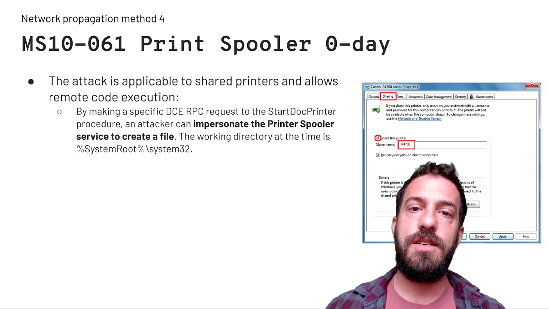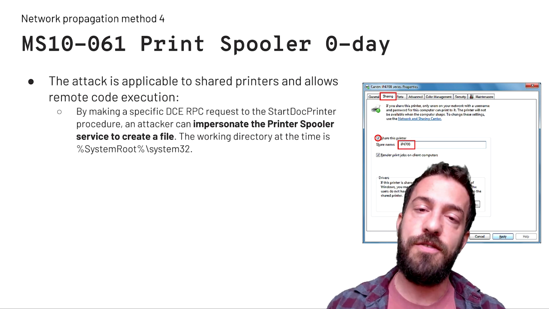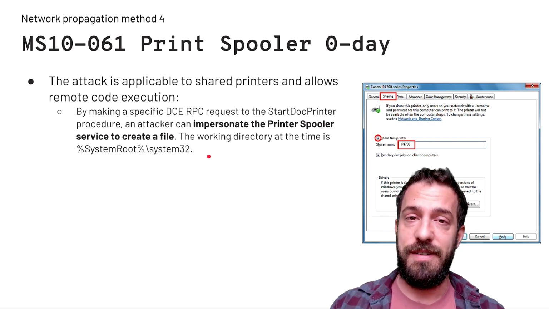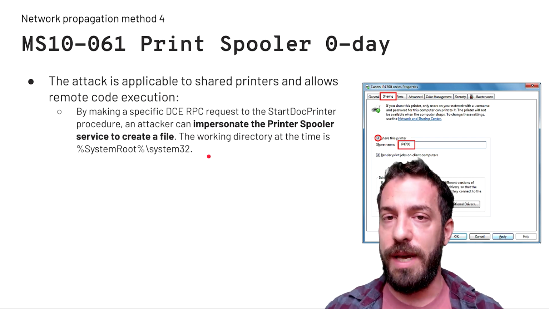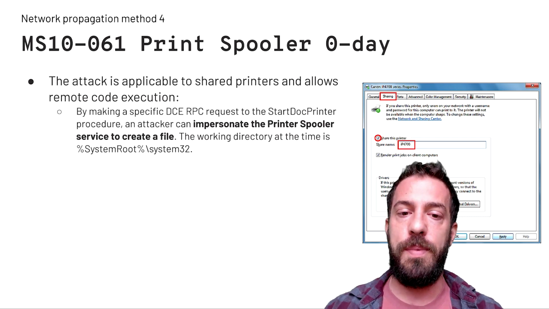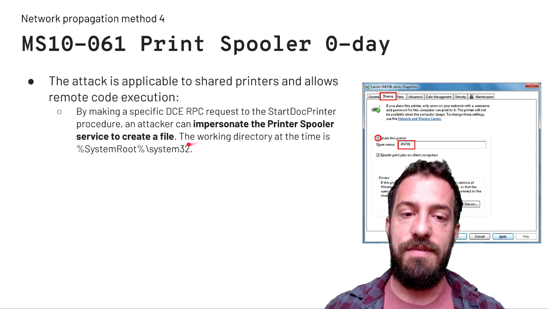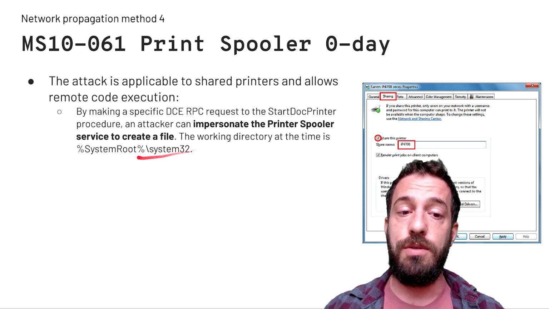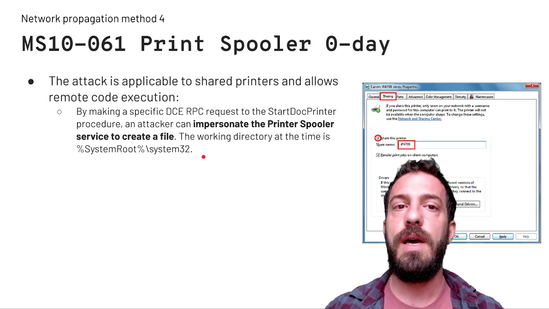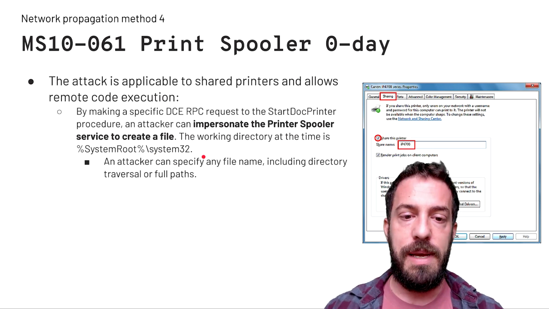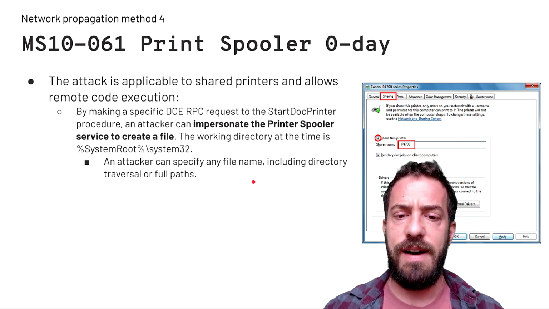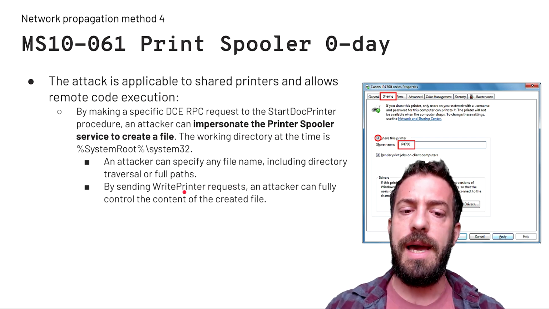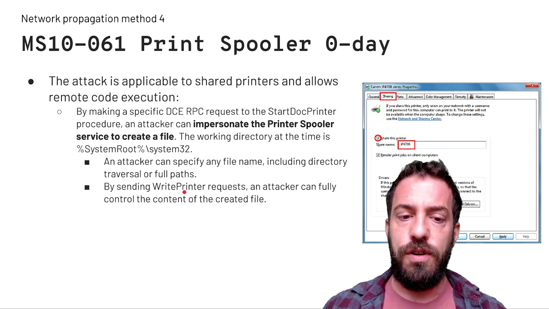But of course, since you can send a file, you probably understand by now that Stuxnet would send itself, and we should find a way to execute it after it's copied to the other side. And the fact that you can send to any directory, you can send it to system32 of the system root, and since you can specify any file name or any path, you have full control of the content.